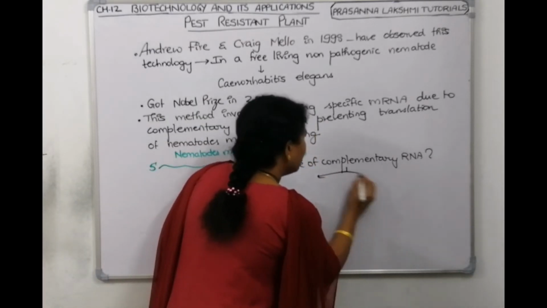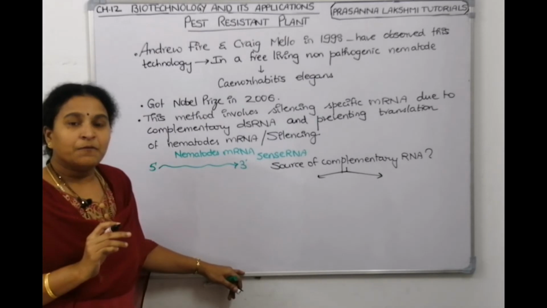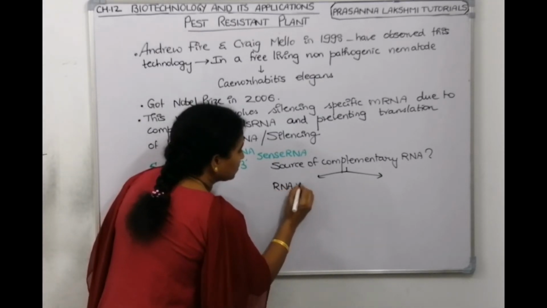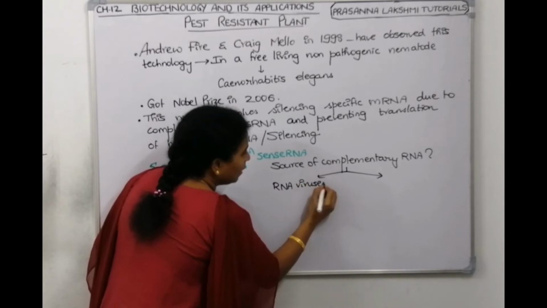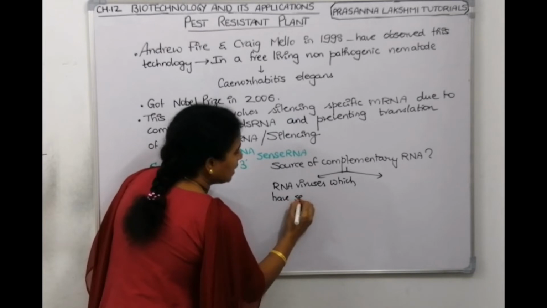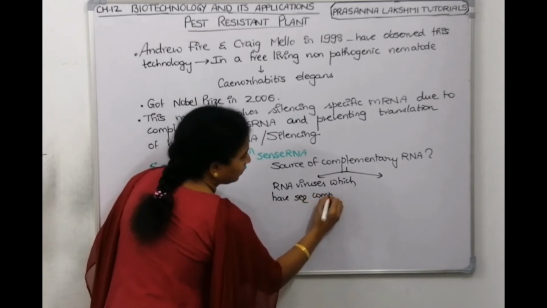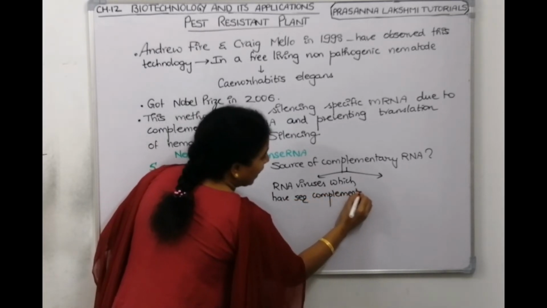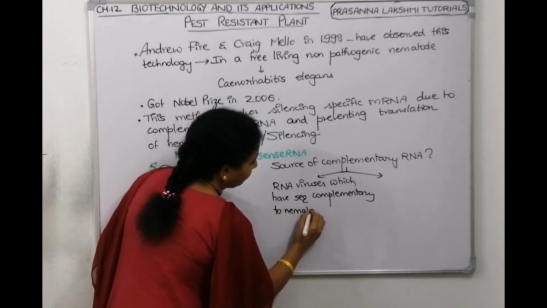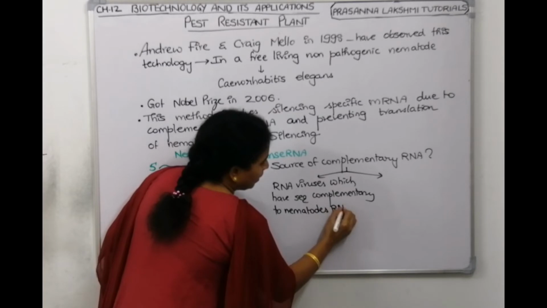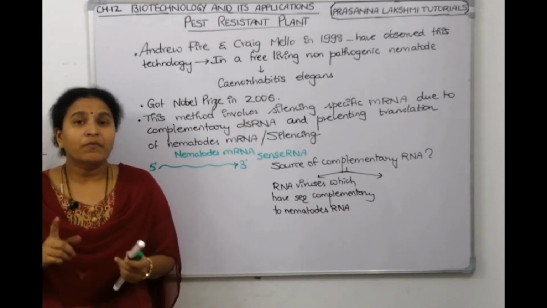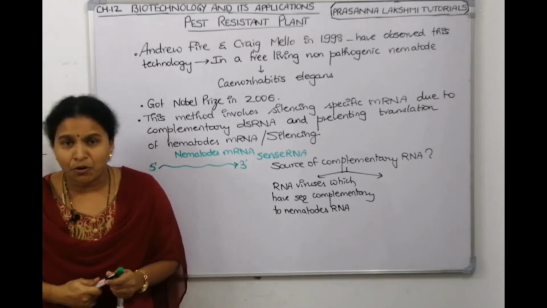Now, there are two sources they are telling. The first source is RNA viruses which have sequences complementary to the nematode's RNA. Viruses which have RNA as the genome, which make DNA, are called retroviruses.